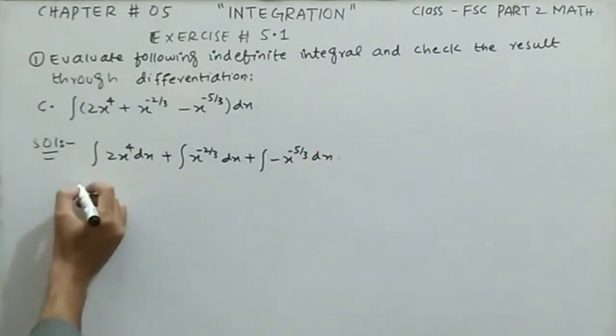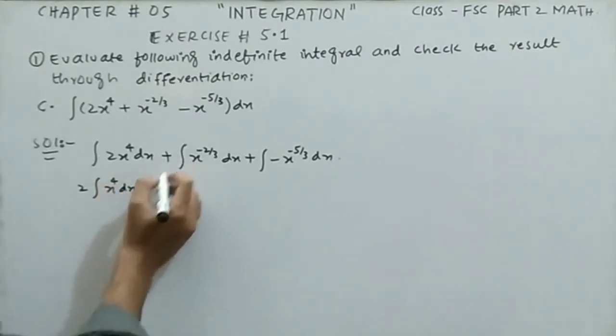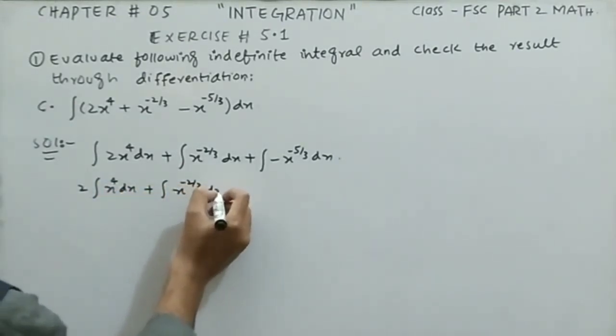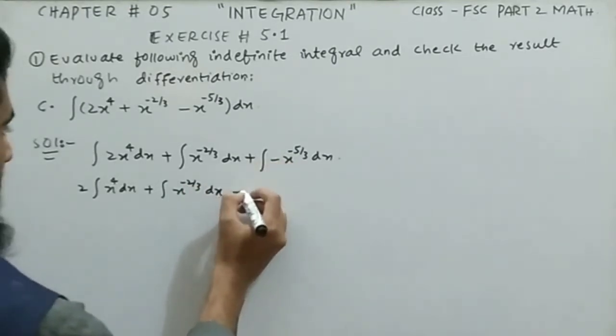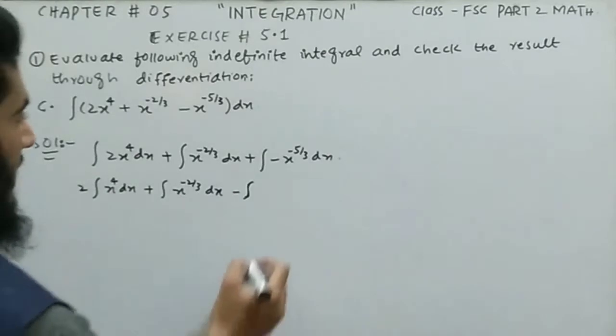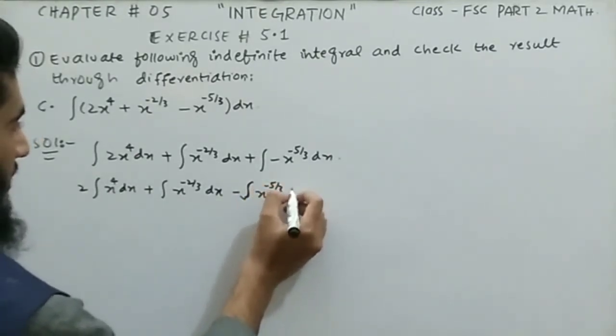Now 2 is a constant, so take it outside of the integral, it becomes 2 times the integral of x power 4 dx, and over here x power negative 2 by 3 dx comes out as it is, and over here minus is a constant, so it comes out of the integral, it becomes minus times the integral of x power minus 5 by 3 dx.